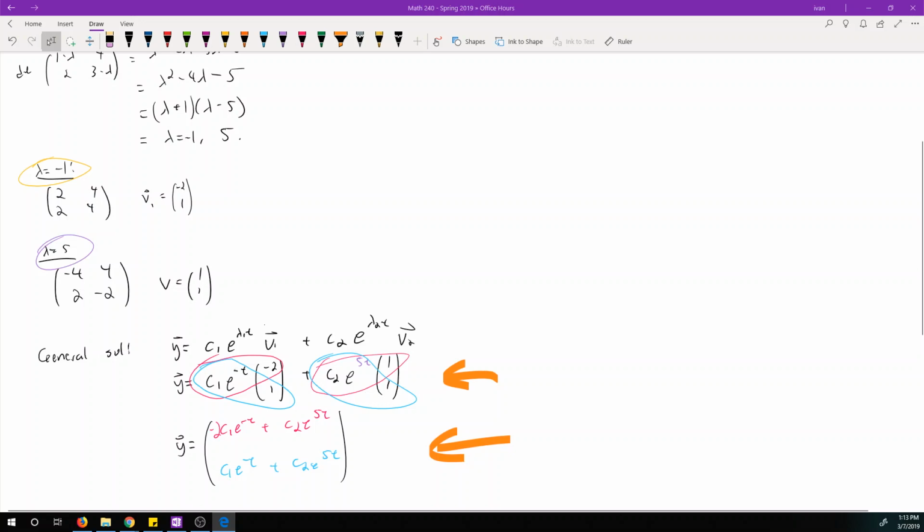So in this case, we haven't introduced it yet, but there are eigenvectors, and then there are these things called generalized eigenvectors, and we have generalized eigenvectors if it's not diagonalizable.